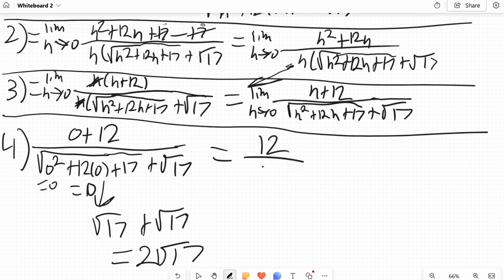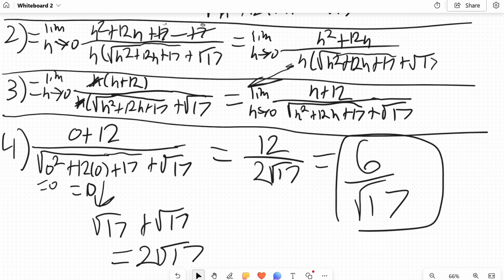So we have 12 over 2 times square root of 17. You can simplify the 12 and the 2, and it becomes 6 over square root of 17 as our final answer.